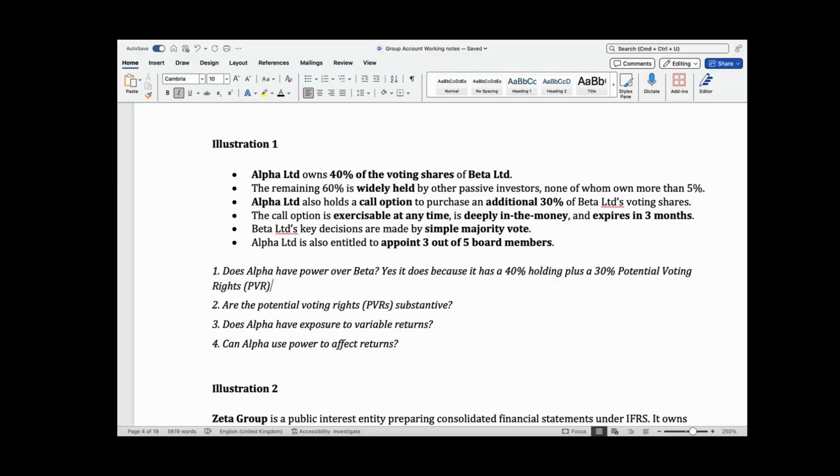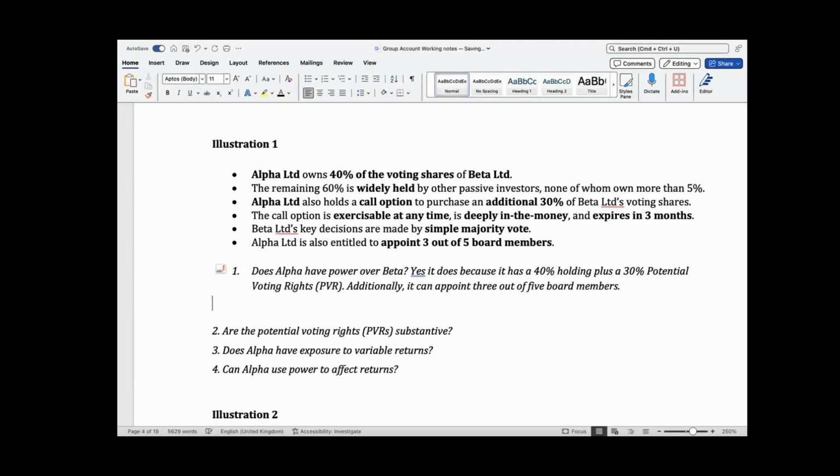This guy has potential voting rights, so he will be considered. So he has power. Additionally, it can appoint 3 out of 5 board members. He has power.